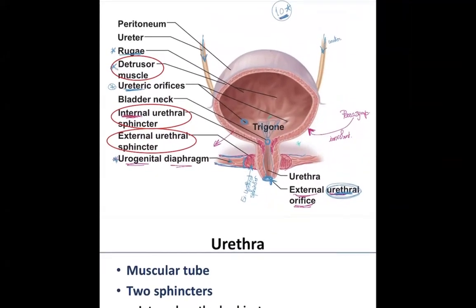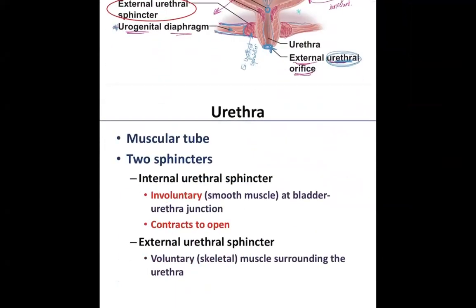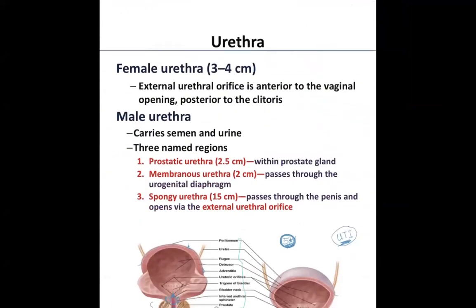Questions. Here, why are those circled? Because those are the three types of muscles that will regulate the micturition process. This doesn't mean that those are the only three that you need to know. You need to know all the different markings on the diagram. All right. Questions? Any question?